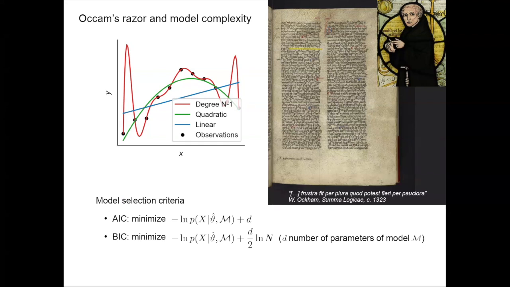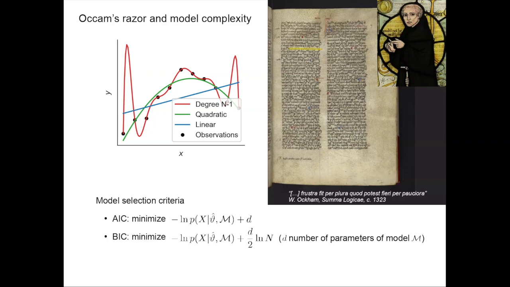But you should temper this measure of goodness of fit with a penalty that depends on the number of parameters of your model. And the idea here is that models with many parameters are somehow more complex models. For instance, these two criteria do this in somewhat different ways, but conceptually the link to the idea of Occam's razor is the same.